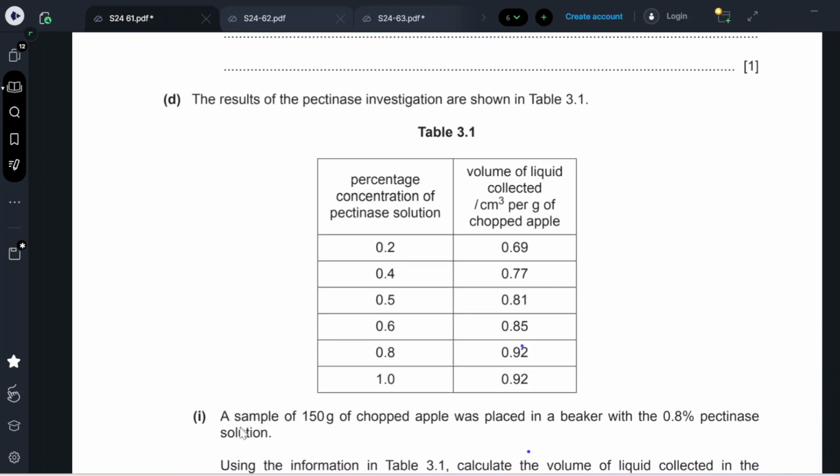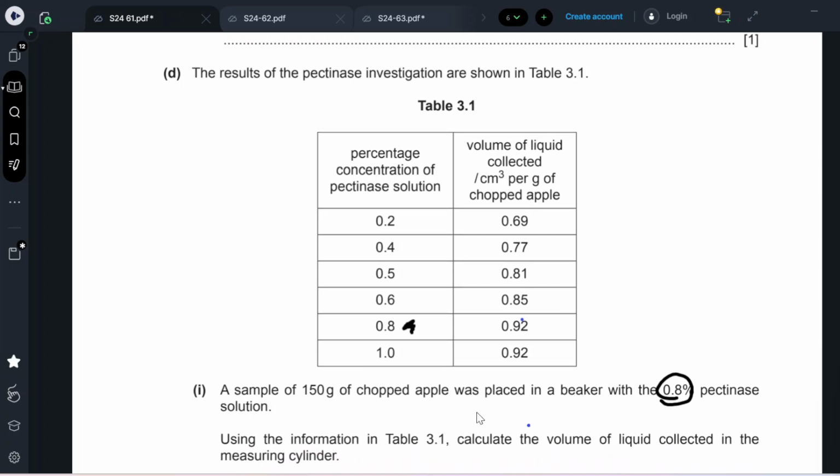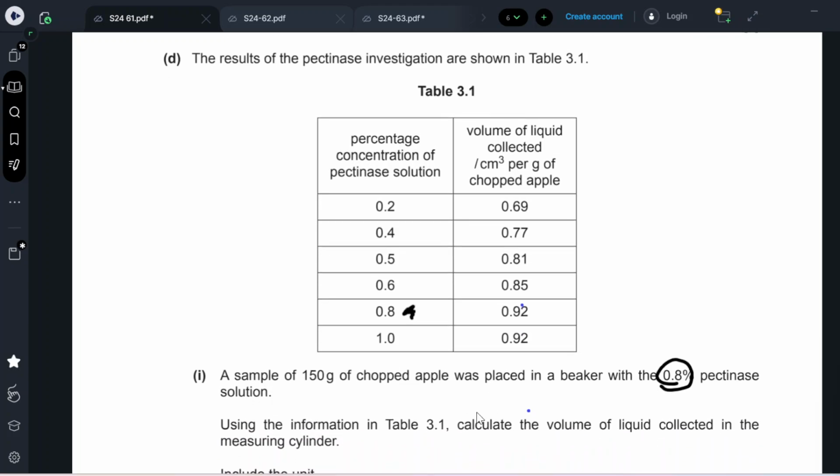What is the question? A sample of 150 grams of apple was placed in a beaker of 0.8 pectinase. Use the table to calculate the volume of liquid collected.